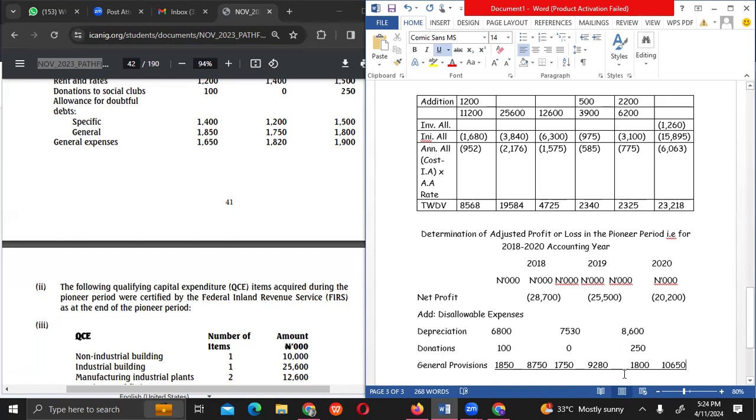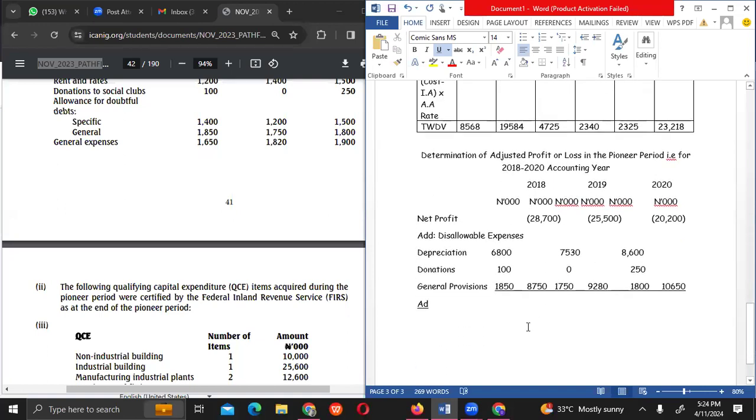So you then have adjusted profit. So how much is adjusted profit? The first one, 19,950.